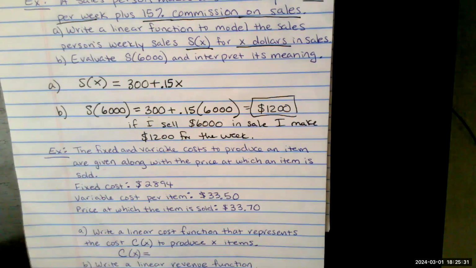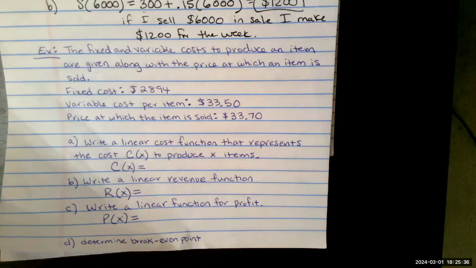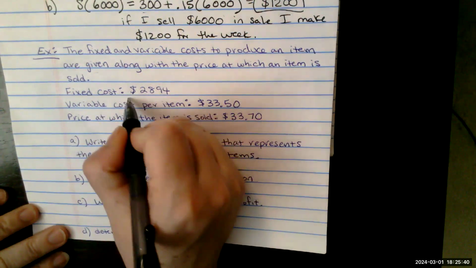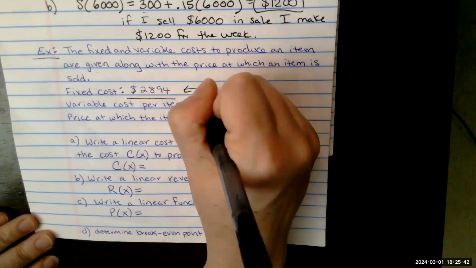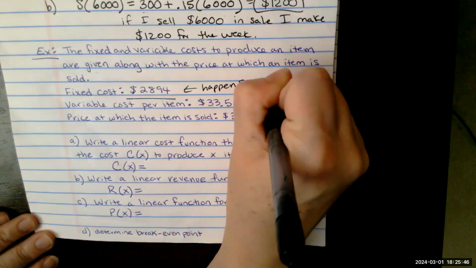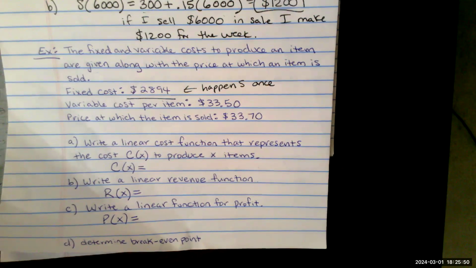Okay, so another one. The fixed and variable costs to produce an item are given along with the price at which the item is sold. So when they give me the fixed cost, this is a cost that happens once. No matter what I do, I have to pay that. But to make each item, there's a certain cost.